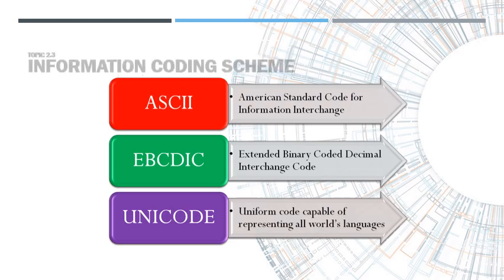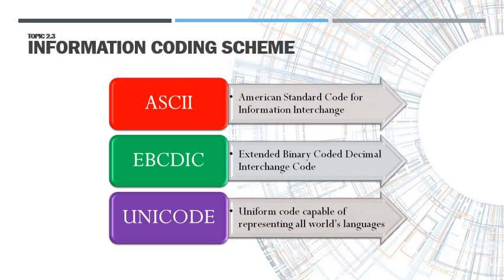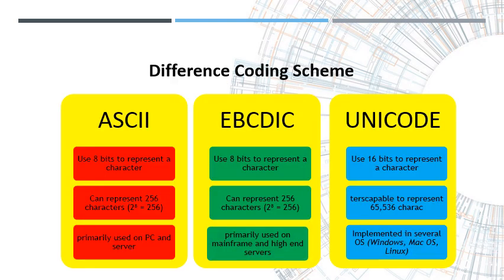Next, ASCII code. This one is actually for the information coding scheme: ASCII code, EBCDIC, and also Unicode. ASCII code is American Standard Code for Information Interchange. EBCDIC is Extended Binary Coded Decimal Interchange Code, and Unicode is Uniform Code capable of representing all the world languages.